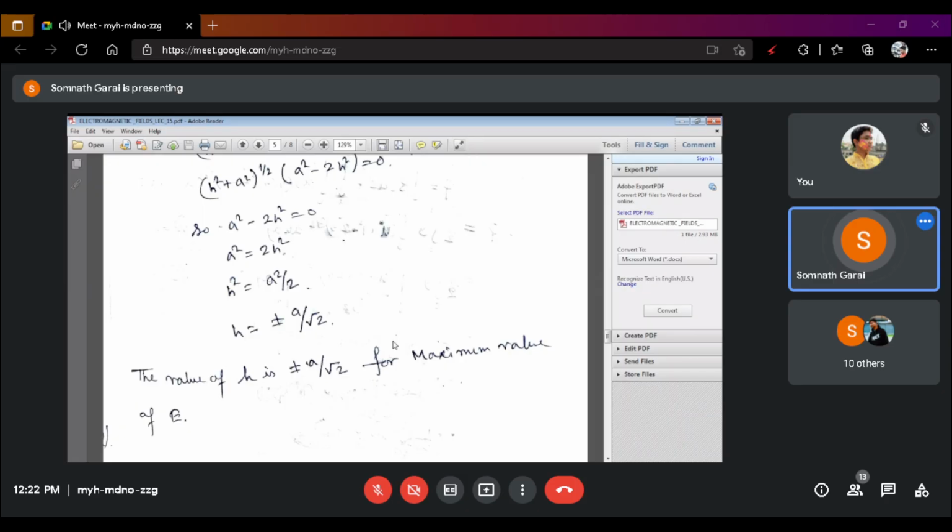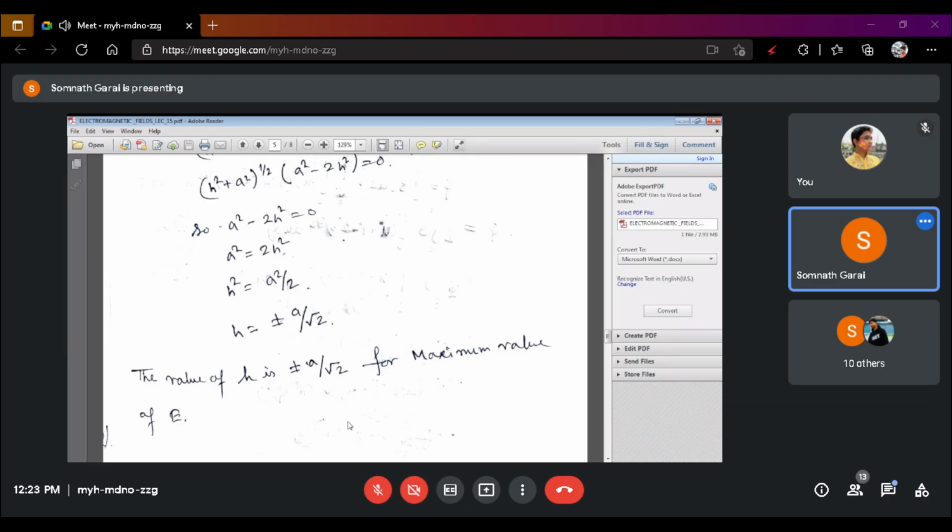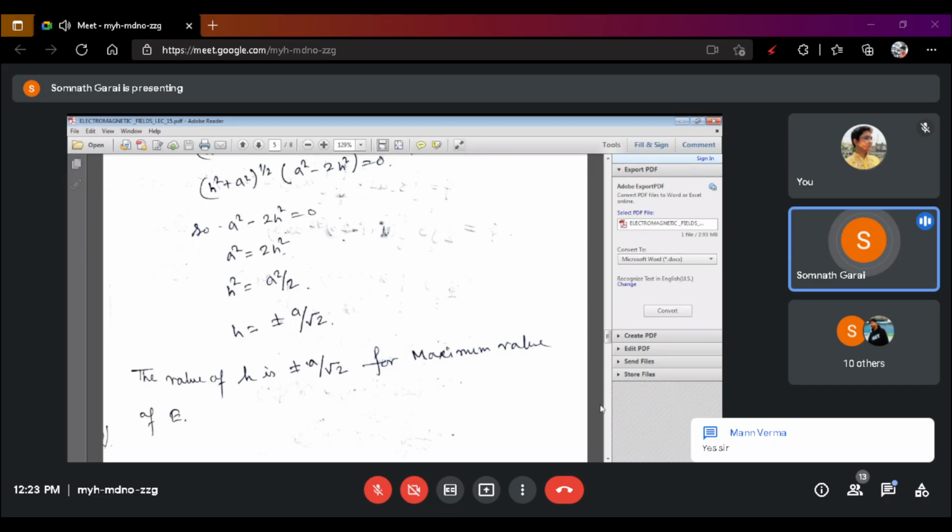The height will be radius by root 2, for the maximum electric field intensity. Clear to all? Any doubts, anyone?